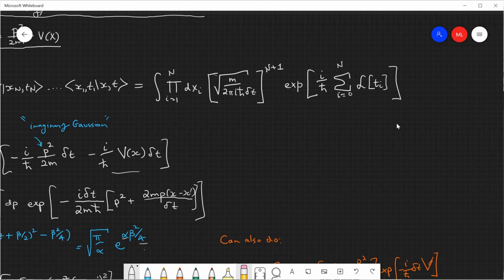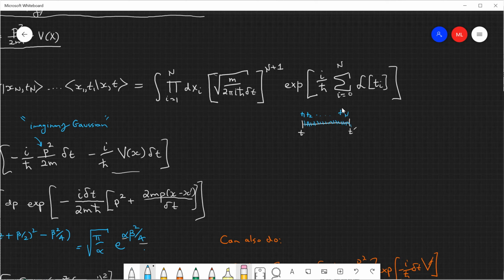And of course, as you make the number of time intervals infinitely large, and you start partitioning your time interval from t to t prime into smaller and smaller segments, you stick in lots of these completeness relations from t1, t2, and so on all the way up to tn. So you get more and more of them, you'll just get a sum over all of them of the Lagrangian at each of those intermediate time intervals.